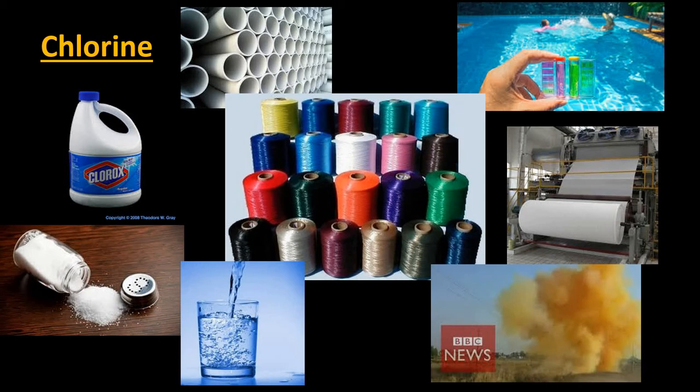If you've ever heard of gas warfare, this was what happened in World War I. They would use chlorine gas as well as other types of things. It is toxic and it ends up killing people. So unfortunately, chlorine has been used for that as well.